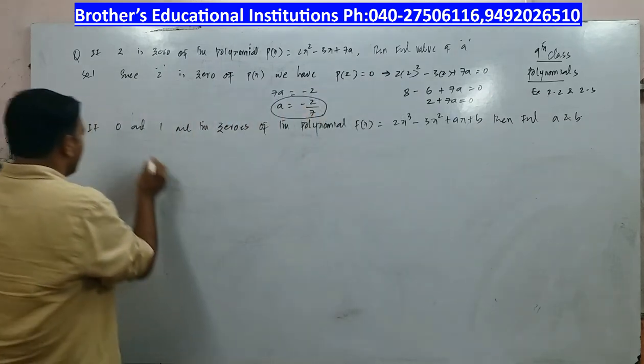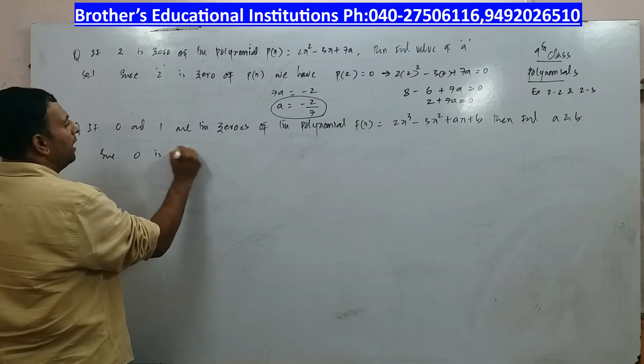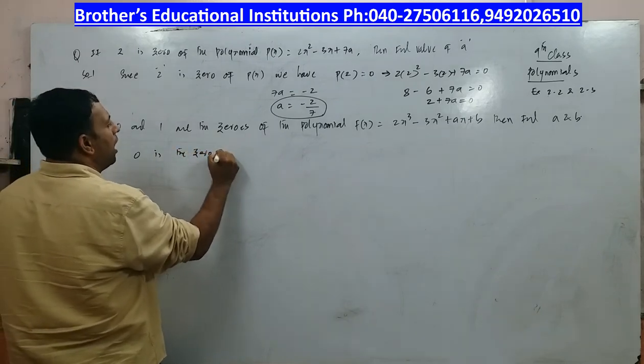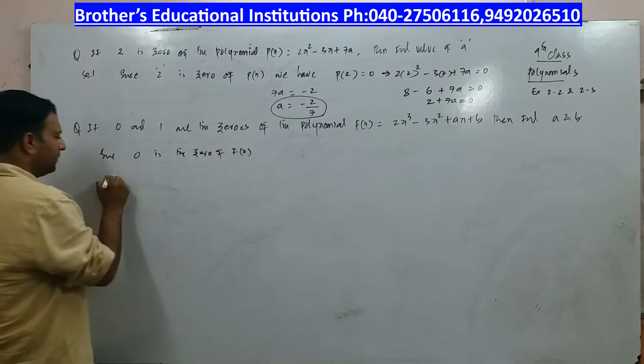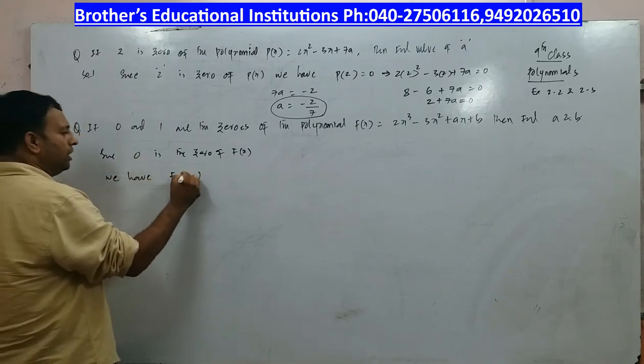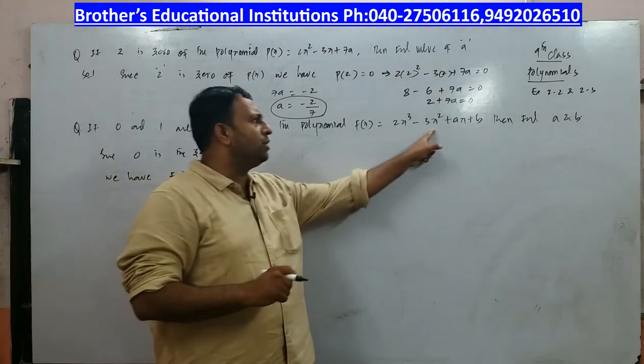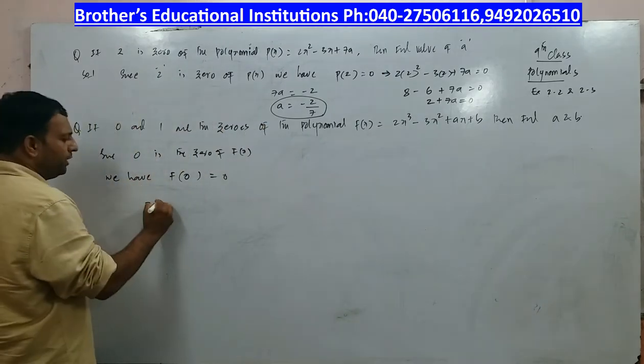How do I do that? I will say, since 0 is the zero of f of x, we have f of 0 is equal to 0. Now what is f of 0? I need to substitute here. f of 0 means 2 into 0 cube.